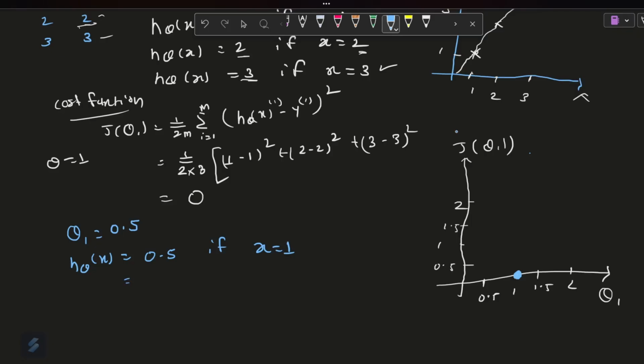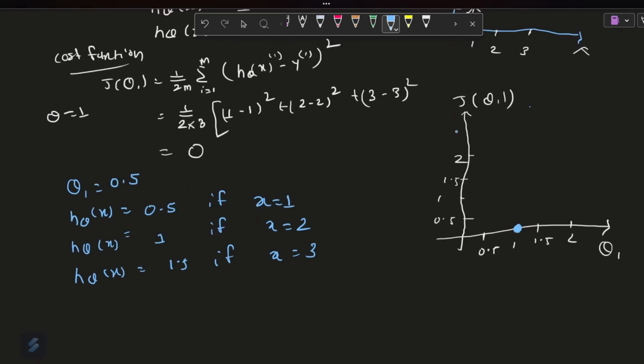Similarly, h theta of x becomes 1 if x is equal to 2, and h theta of x is equal to 1.5 if x is equal to 3.